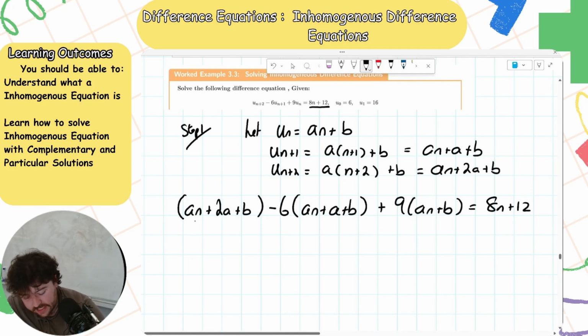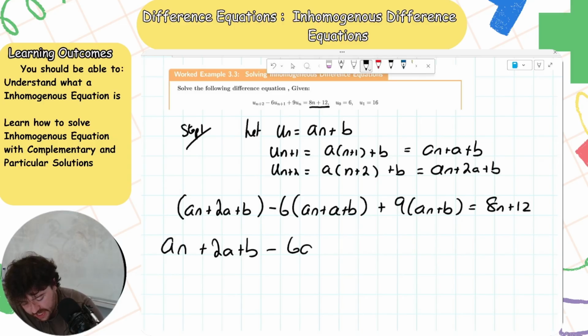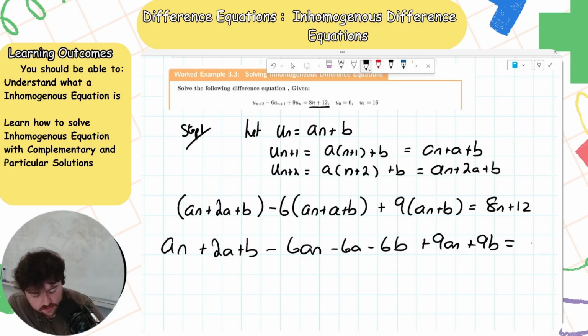If I multiply this out now, I'm going to get an plus 2a plus b minus 6an minus 6a minus 6b plus 9an plus 9b is equal to 8n plus 12.